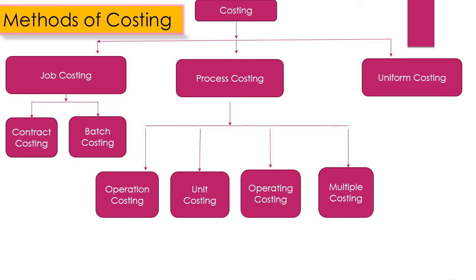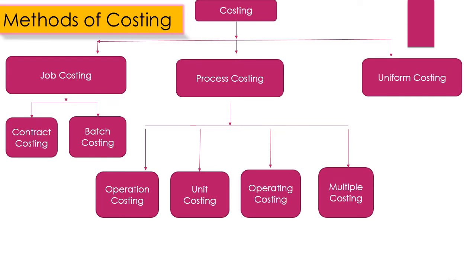There is no standard product and costs have to be ascertained for each job separately. Examples of such industries are printing press, construction company, shipbuilding, etc. In case of mass production industries, firms manufacture identical products. Example, chemical plants, paper, textiles, etc.